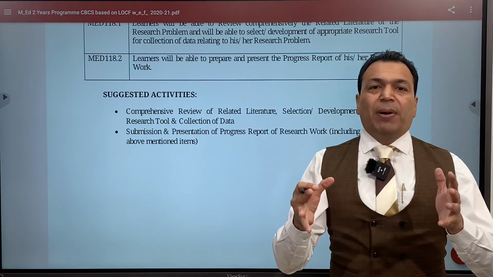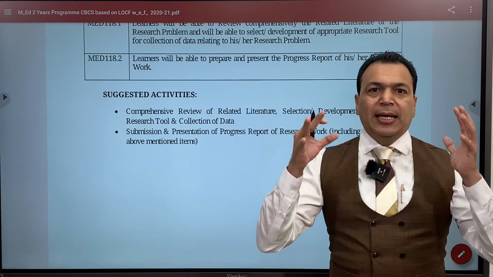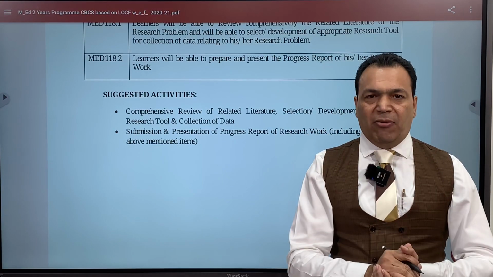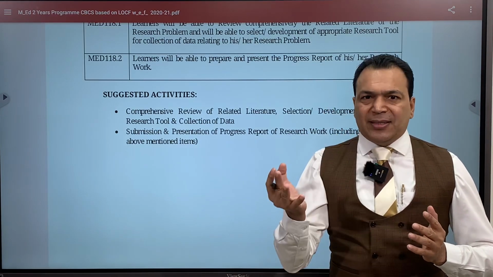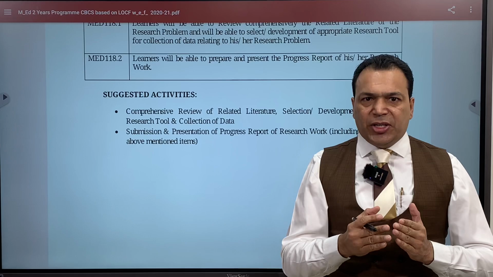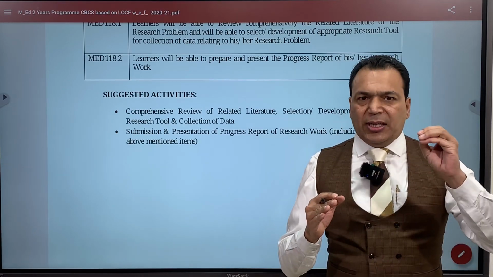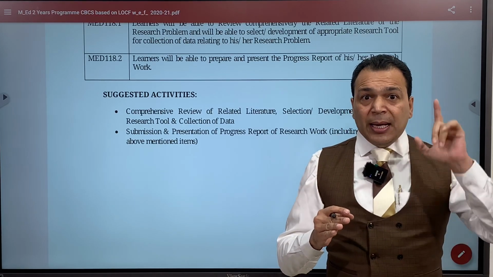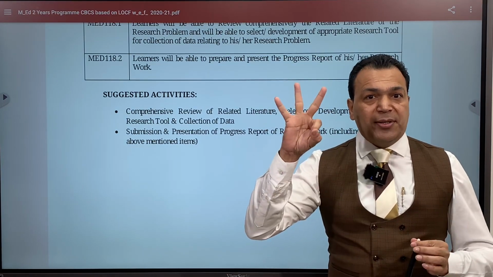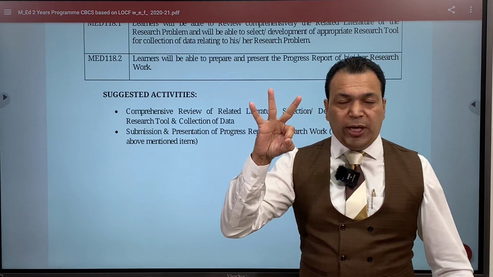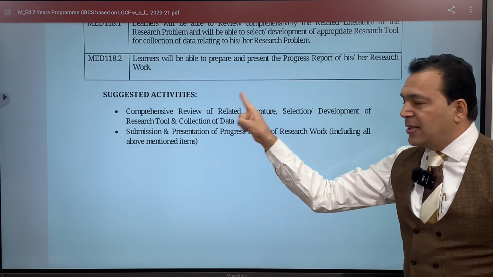This is a very complex thing and the major part. Why am I calling it the major part? Dissertation basically includes 5 chapters, but in this practical you have to make 3 chapters. You can see that. What are the suggested activities?